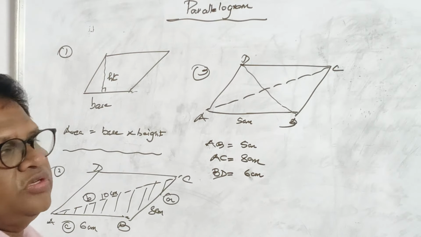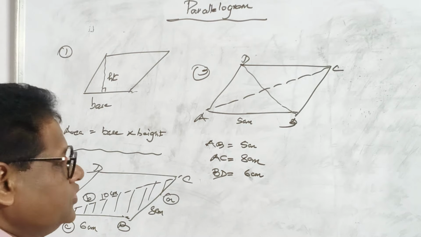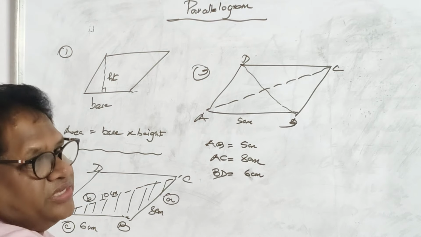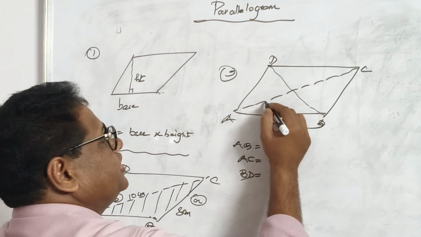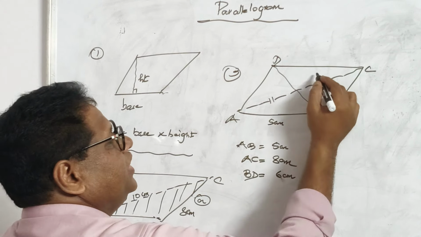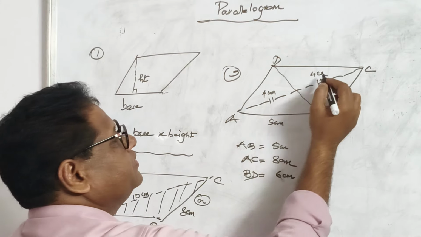First and foremost, let me tell you the properties of a parallelogram. The diagonals bisect each other, so the whole length AC, 8 cm, will be divided into two parts, each 4 cm. This is 4, this is 4 cm, right?